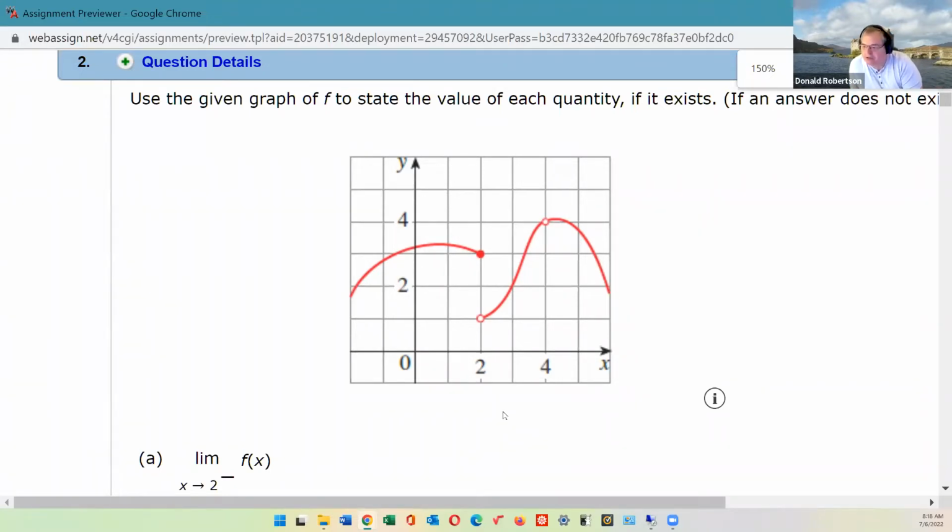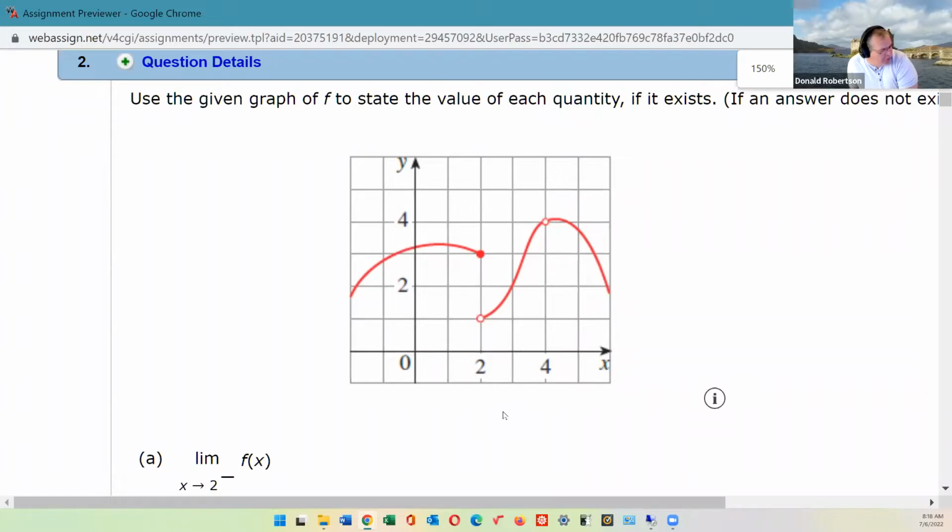What would the left limit as x tends to 2 minus be? 3. Agreed. What's the right limit going to be? 1. What's the value of f of 2? 3. Are you getting comfortable now? Value of the function, left limit, right limit, overall limit.